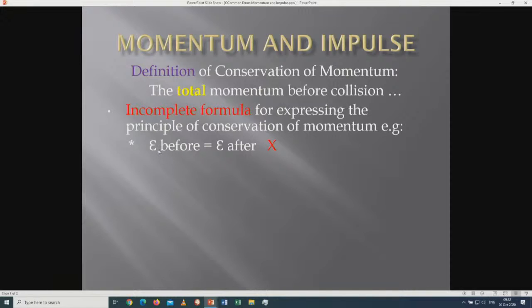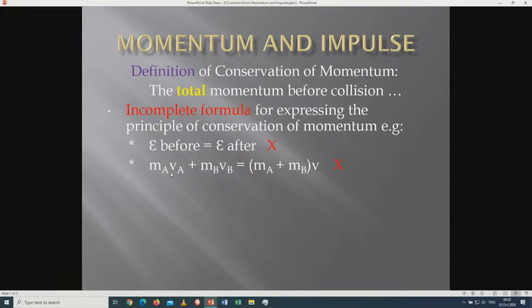So you become lost with the sigma symbol, but together with the sigma symbol, you must relate it at least to momentum. So please be on the lookout. Don't make that mistake in future, because it often occurs. Then the second problem, learners start off with this version of the conservation of momentum.